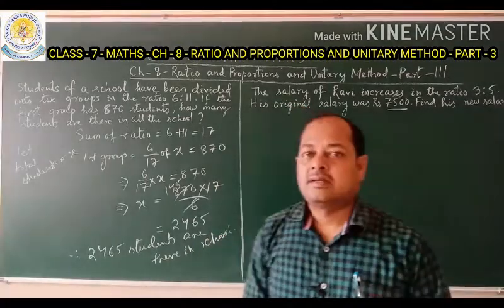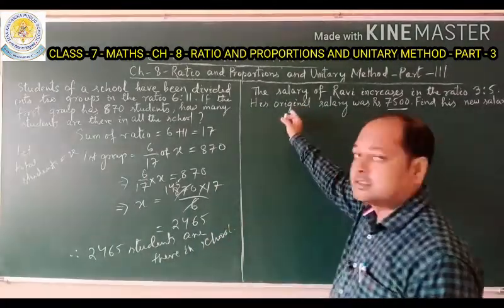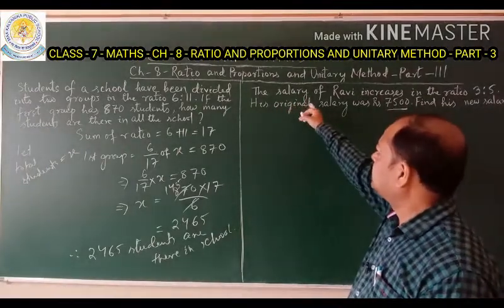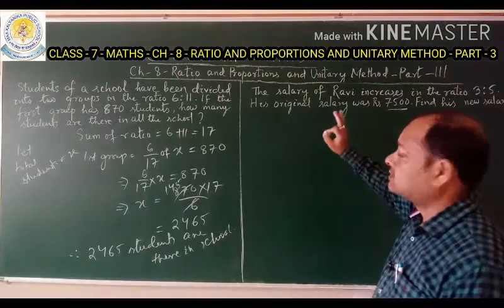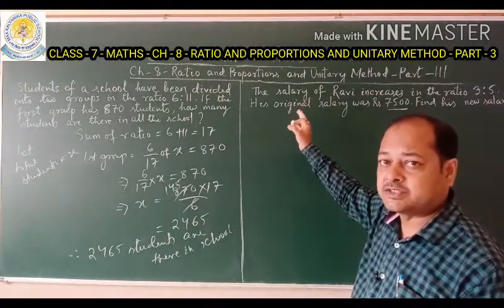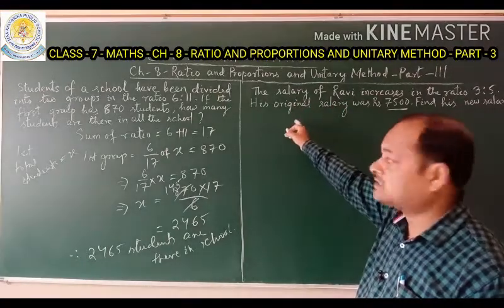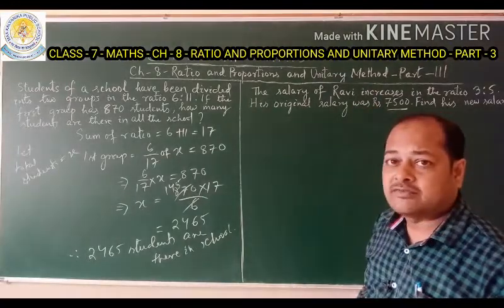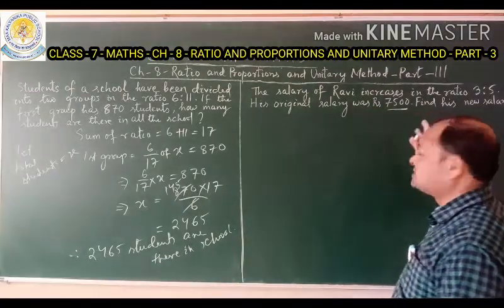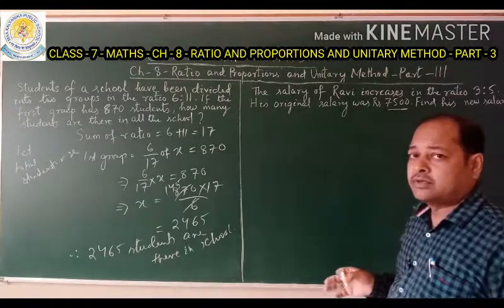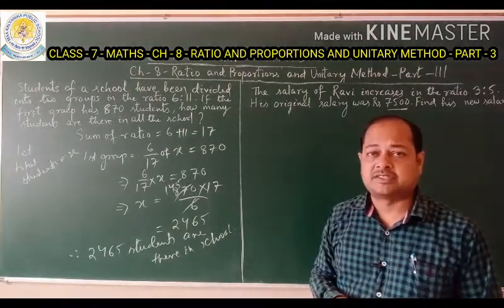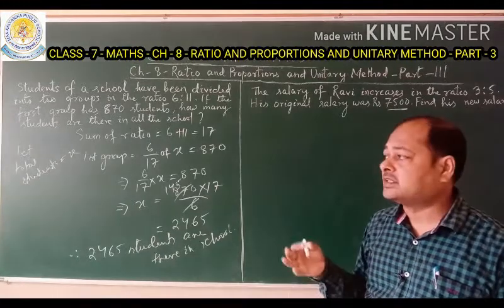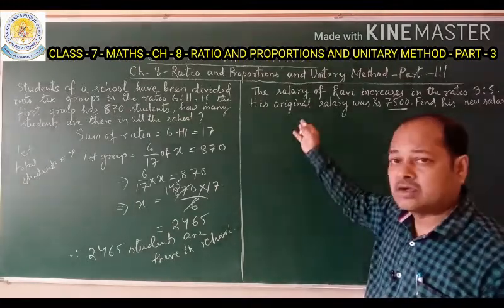Okay. Now look at this question. The question says that the salary of Ravi increases in the ratio 3:5. Here the increased salary ratio is given as 3:5 and the original salary is given here as 7,500. So find his new salary. Here we know from the last video that whenever an increase or decrease ratio is there, we use the reciprocal of the ratio with the original number.